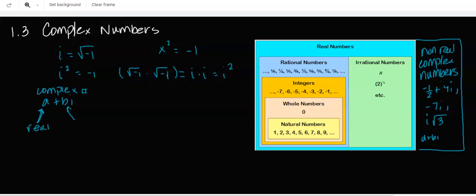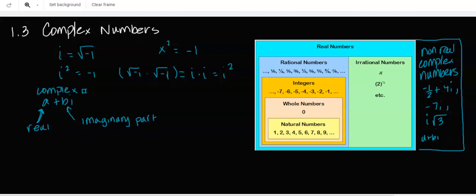And b is the real number in the imaginary part. i lets us know where the imaginary part is, right? So when we look at this, if b is 0, then I just have a real number, right? And if b is not 0, then we just have a non-real complex number.